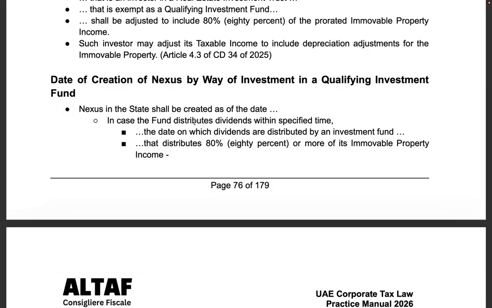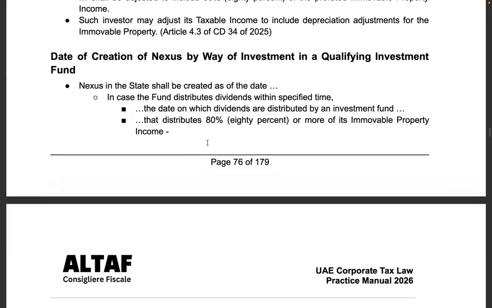So the triggering event is distribution of dividends: the date on which dividends are distributed by the investment fund that distributes 80% or more of the immovable property income. Now that's huge. What is the key consideration here? If a fund is distributing this much amount of dividends, it really removes the risk.